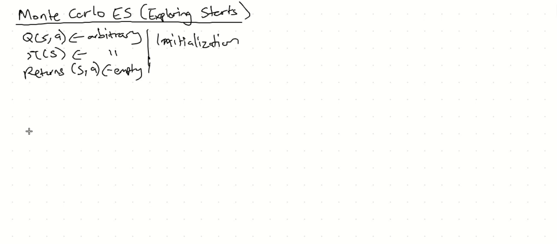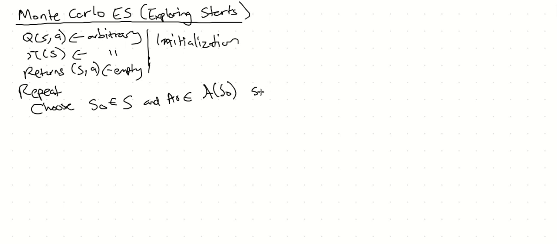So what is the first thing that we need to do? We're going to repeat the following. We choose S0, an element of S, and we choose A0, an element of all the actions available in state S0, such that the probability of taking A given S0 is greater than 0 for all A in capital A. What this is saying is that we want to make sure that every action has some probability of being taken in the beginning.